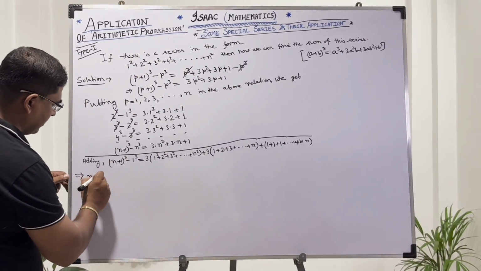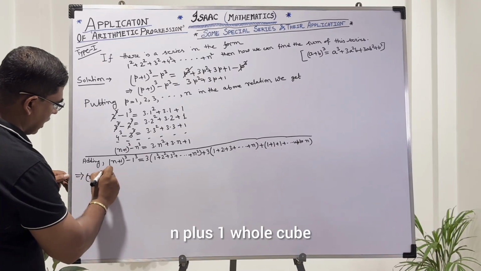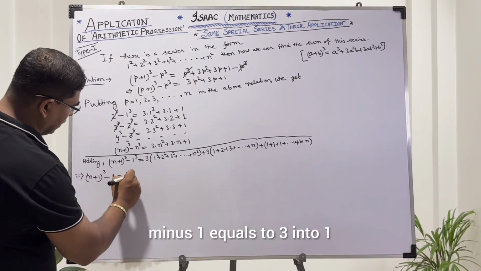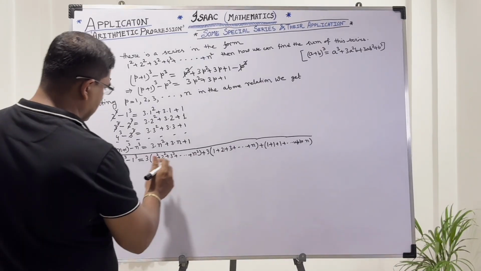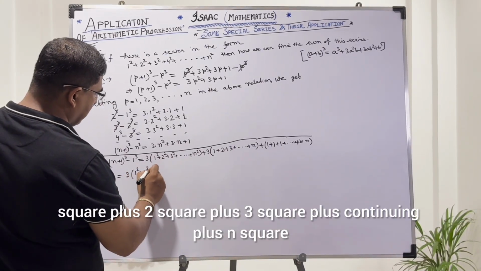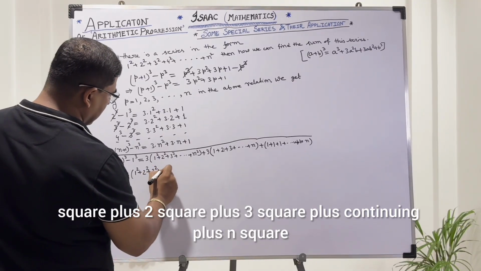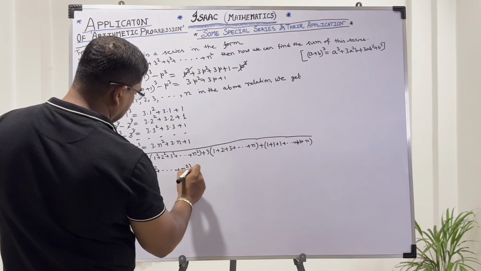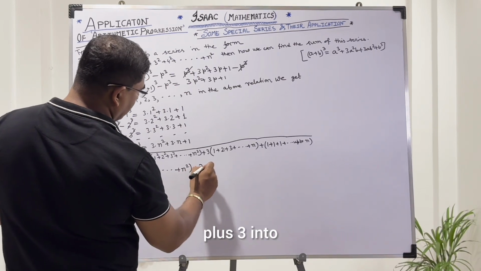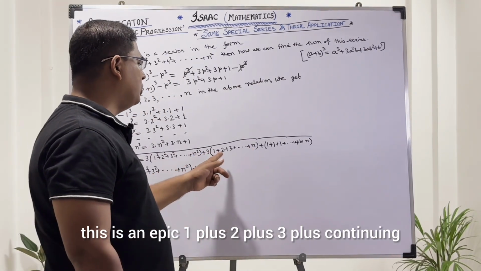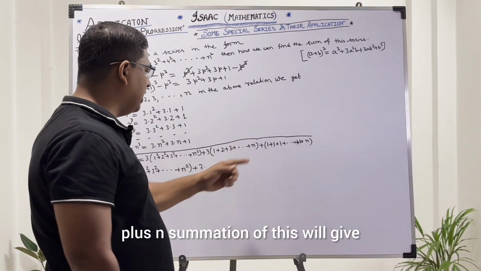This will give n plus 1 whole cube minus 1 equals 3 into 1 square plus 2 square plus 3 square plus continuing plus n square plus 3 into, this is an AP, 1 plus 2 plus 3 plus continuing plus n.